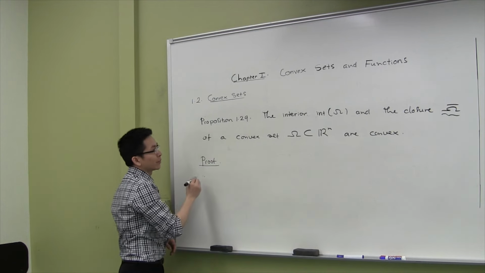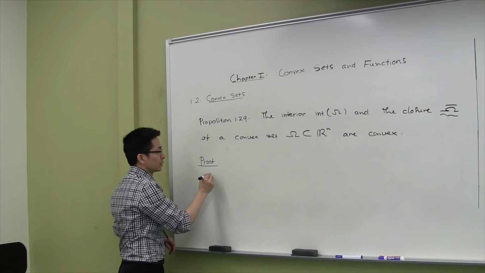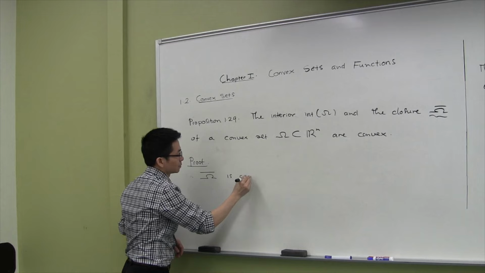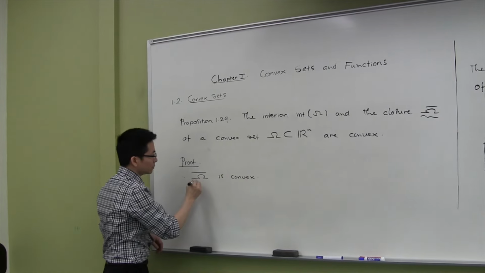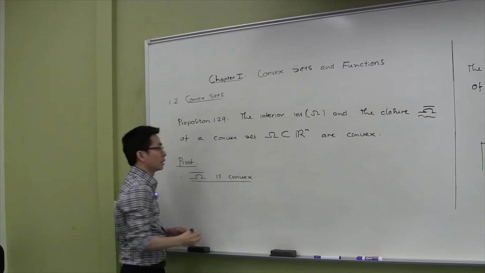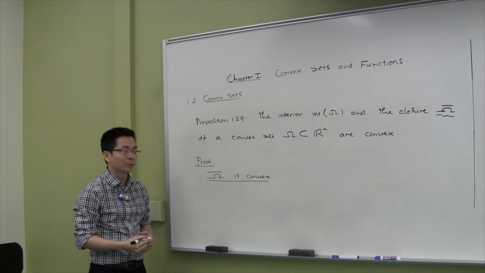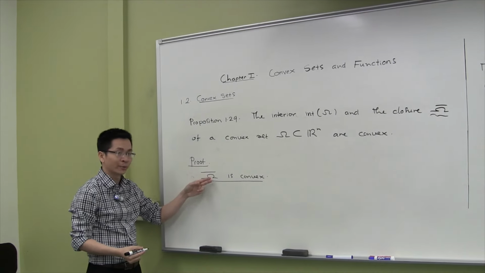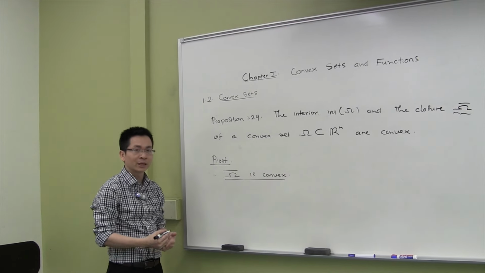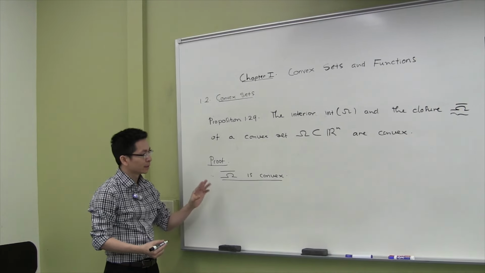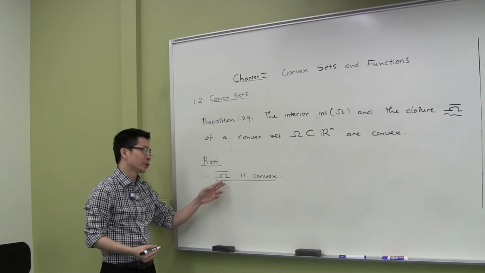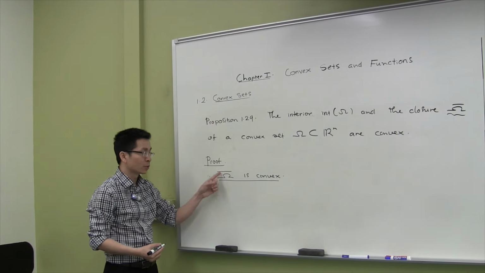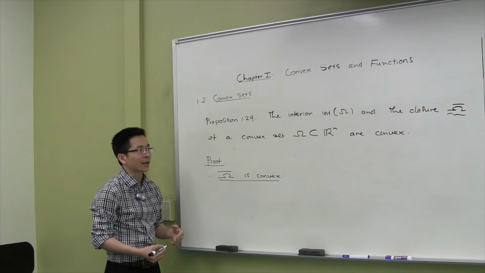In the first part, I'm going to show that the closure of omega is convex. The idea of the proof is very simple. We're going to take any two elements of the closure of omega, and we're going to take any lambda in the interval 0, 1, and then we show that lambda a plus 1 minus lambda b belongs to the closure of omega as usual.